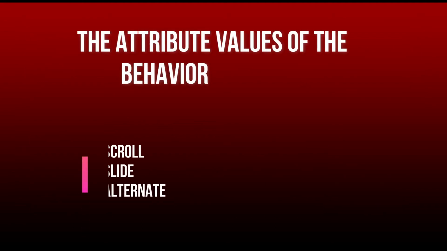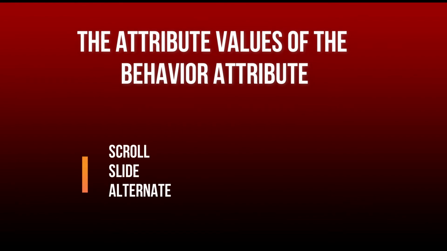The attribute values of the behavior attribute are scroll, slide, and alternate. They tell us how the MARQUEE text will move from one part of the screen to another part of the screen.